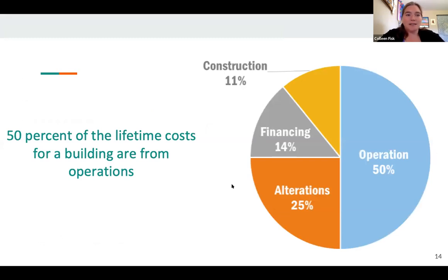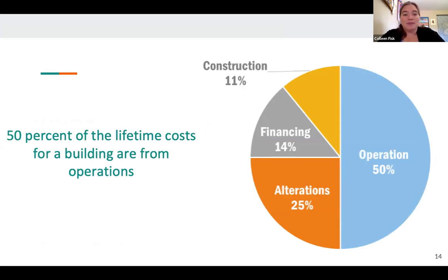Okay, so another piece of this is the buildings, right? Buildings are a big use of energy. This is a commercial building graph, but schools also fall under commercial buildings when they are looking at this from ASHRAE. So operations is 50% of the lifetime cost for a building. I just bought a house in January.